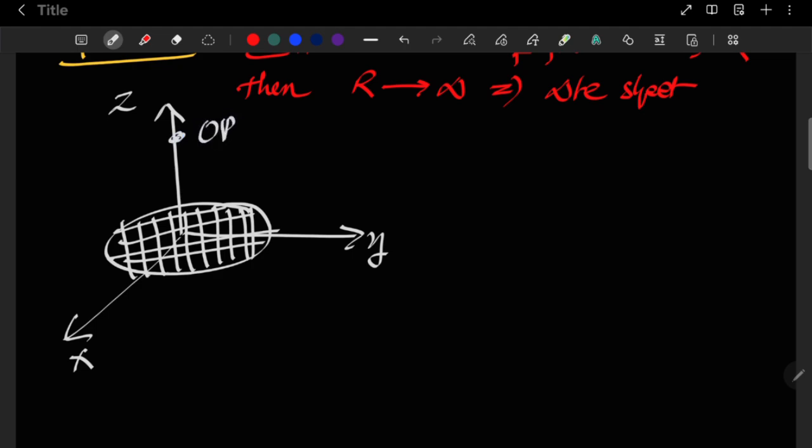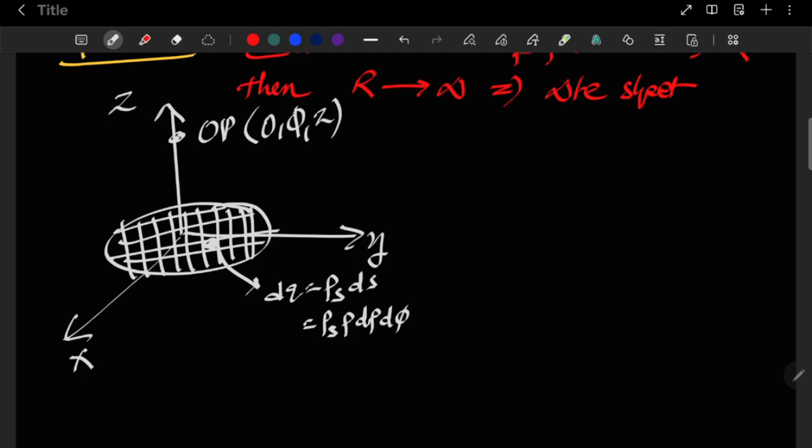You can see OP is on the z-axis, having the coordinates 0, 0, z, and SP is on the xy plane, that means on the circular ring, having dq equal to rho s into ds, which is rho s into rho d rho d phi.